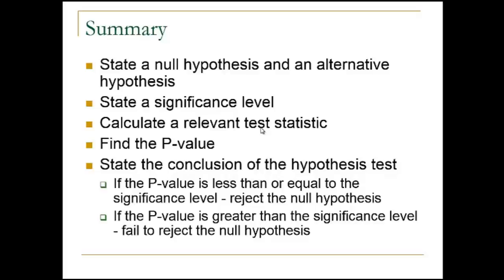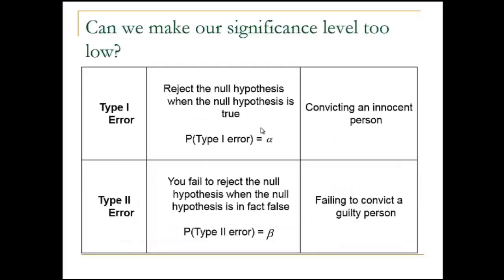And just like in the court, similar to hypothesis testing, we can make a mistake. Two mistakes we can make are letting a guilty person go free, acquitting someone who's guilty, or convicting an innocent person. There's an equivalence in hypothesis testing. So one, convicting an innocent person, that's basically rejecting the null when the null is true.